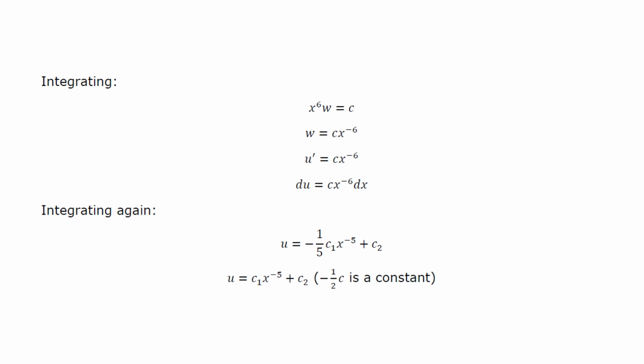Okay. So we knew our original substitution was y equals u x squared. So that means u is going to equal y x to the negative 2. So substituting that into my answer from my integration, I'll get y times x to the negative 2 equals c sub 1 x to the negative 5th plus c sub 2.